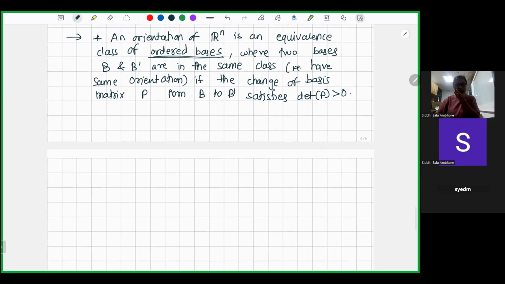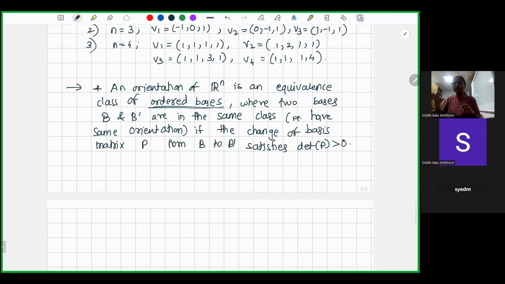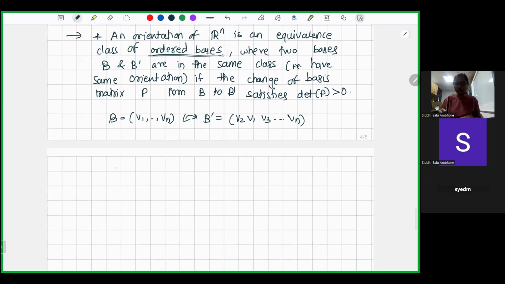As I said, consider swapping two basis vectors. For example, if my B is V1 to Vn and my B dash is V2, V1, V3, and so on up to Vn, then you can see what the basis change matrix P from B to B dash will be.